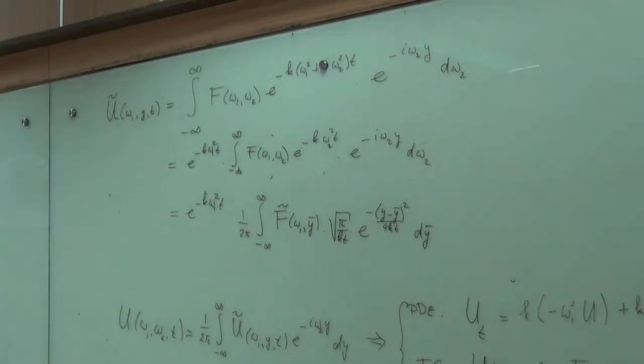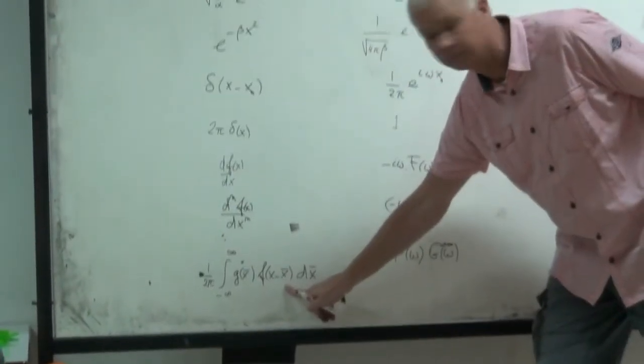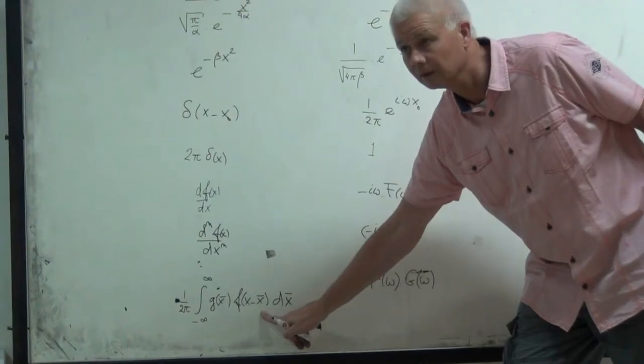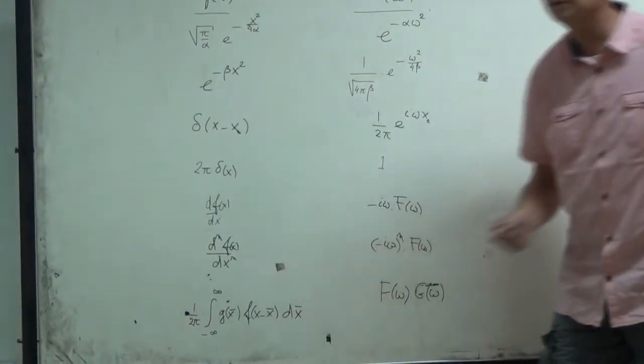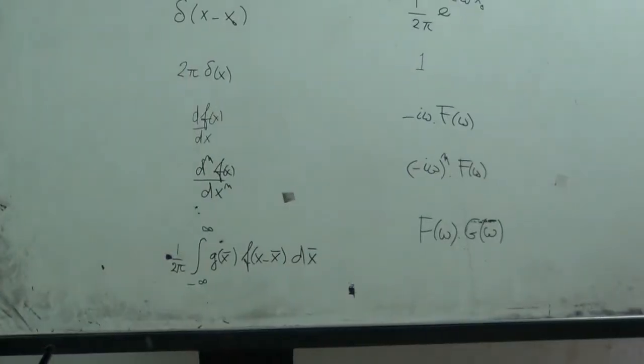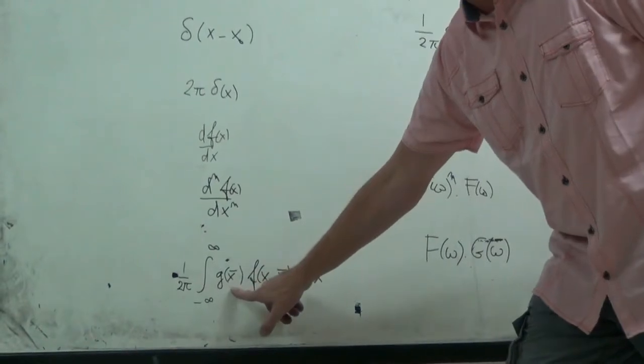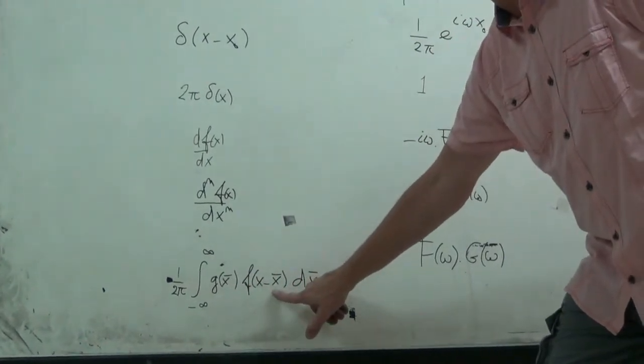I get this because I have the convolution integral and I should have f of y minus y bar. Yes, you agree? That's clear for everyone? Here, convolution: f of y bar, y minus y bar.